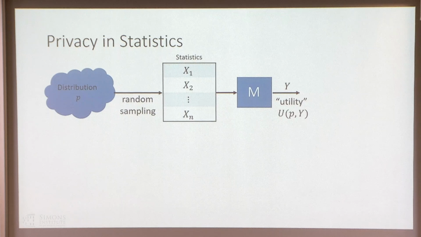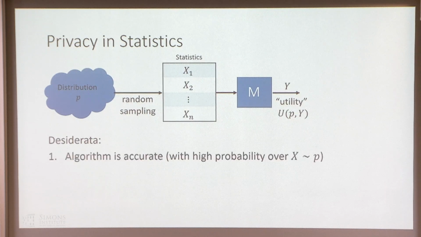So this is the general setting we're going to focus on, and we have two main desiderata. The first desideratum is the non-private guarantee. We want, first of all, of course, in any setting that our algorithm is accurate. In this case, we're going to have it be a stochastic guarantee. Stochastic in the following sense. We want our algorithm to be accurate with high probability over the data generating process.